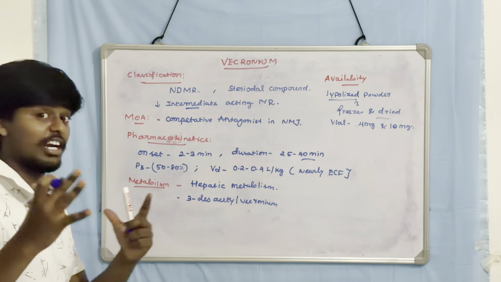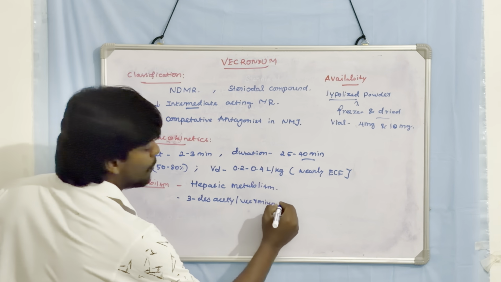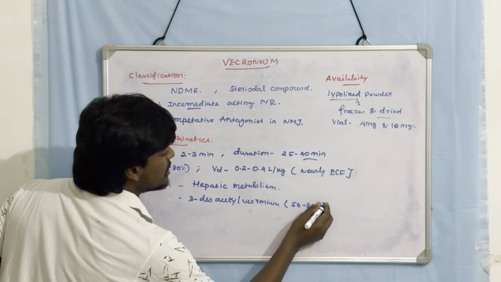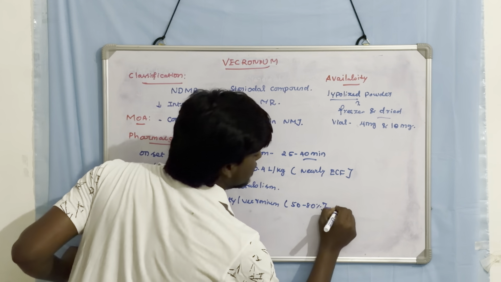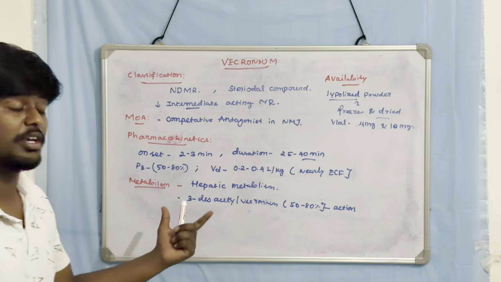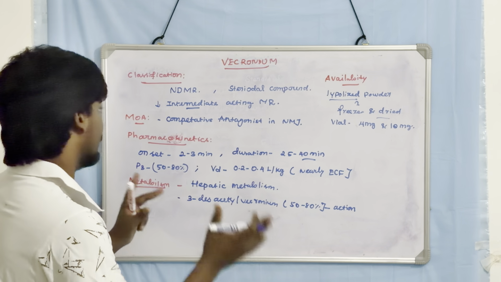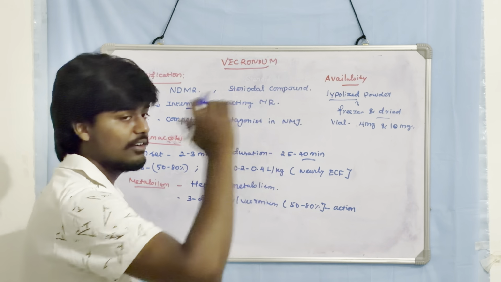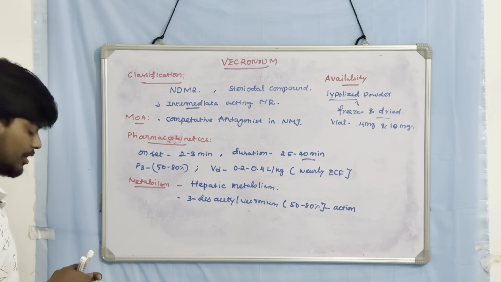Vecuronium has 100% action, but its active metabolite has 50 to 80% of the same action as Vecuronium. So it is a very important point in the metabolism of Vecuronium. It has an active metabolite called 3-desacetyl Vecuronium.